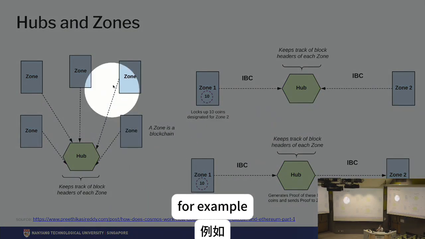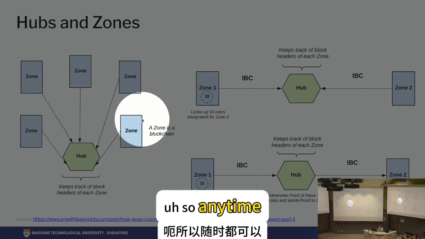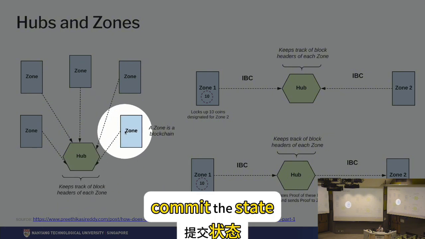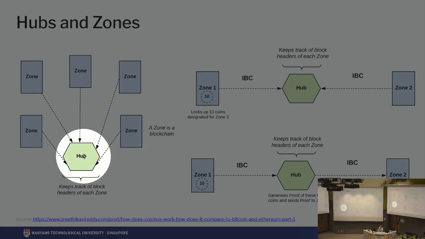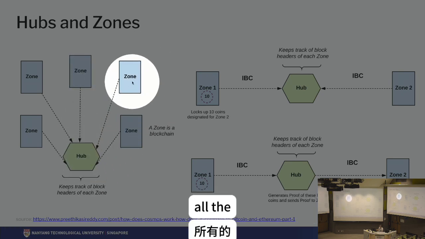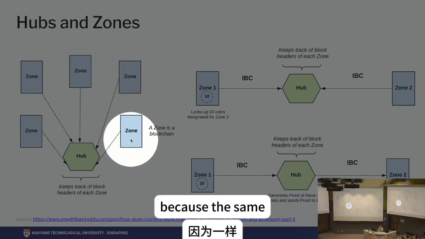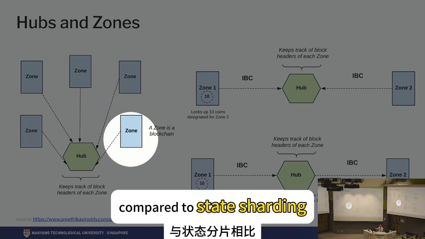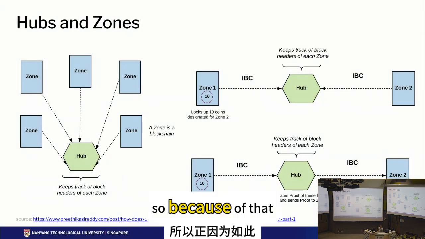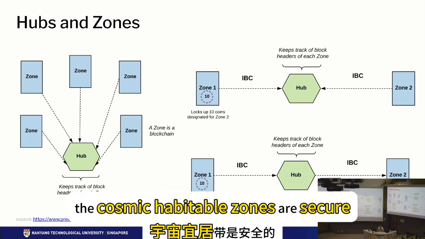For example, these two are different blockchains on layer one. Anytime they need to commit state to the global state in the hub, all the blockchains using Cosmos are validated. I won't go through the detail, but it's the same logic as state sharding. Because of that, in general, the Cosmos hub and zones are secure.